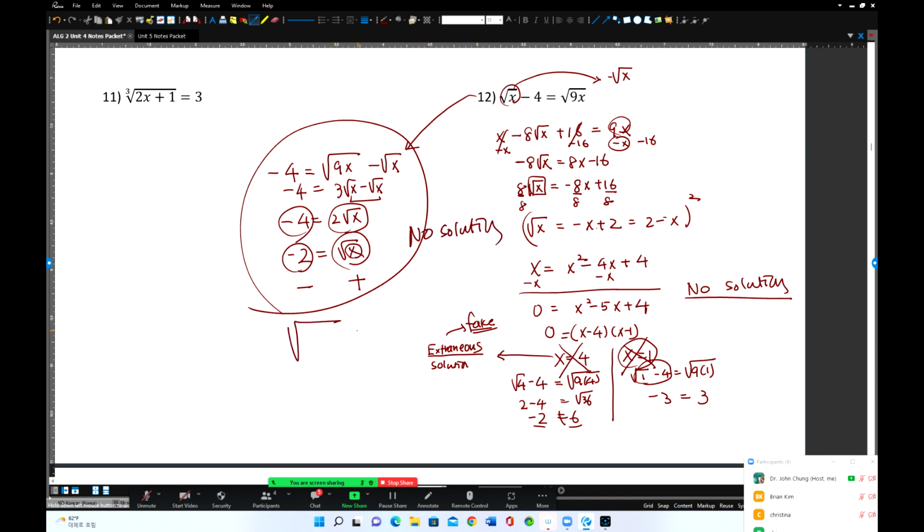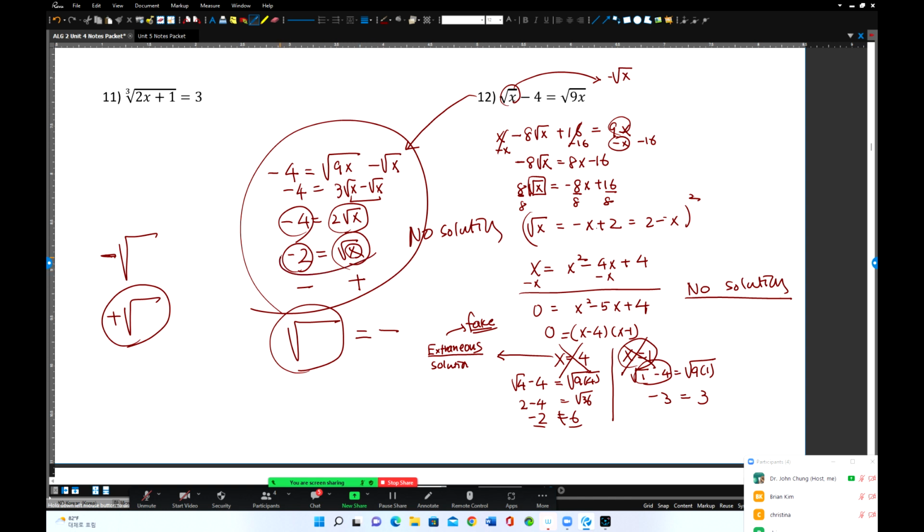Because some radical is a negative number, no solution. This is a principal square root. We have two roots, right? This is the negative square root, and the positive square root. This positive square root is called what? Principal square root. Okay, maybe just a positive square root is okay too. Positive square root cannot be a negative number, okay?